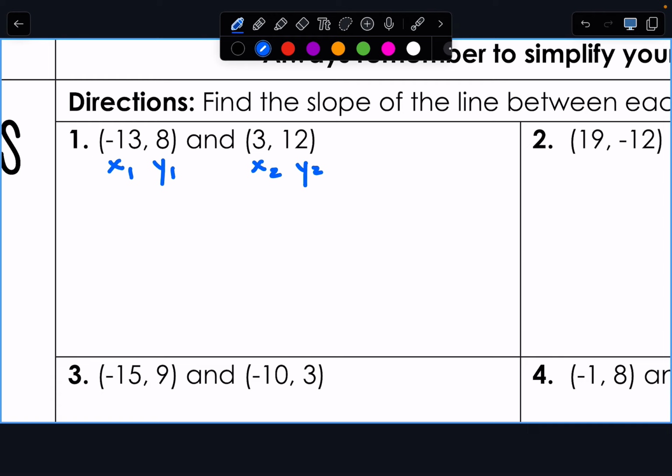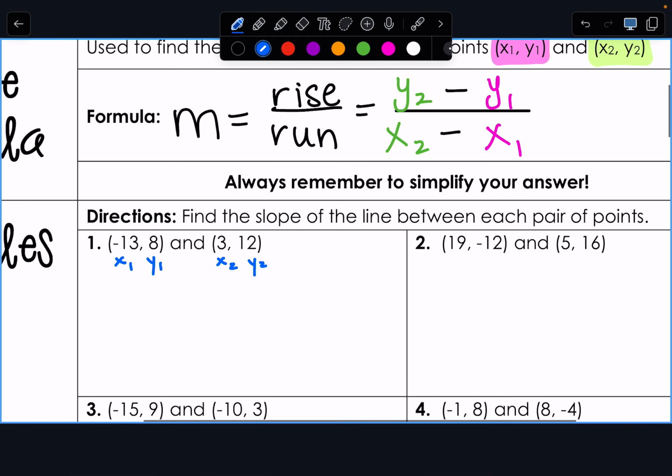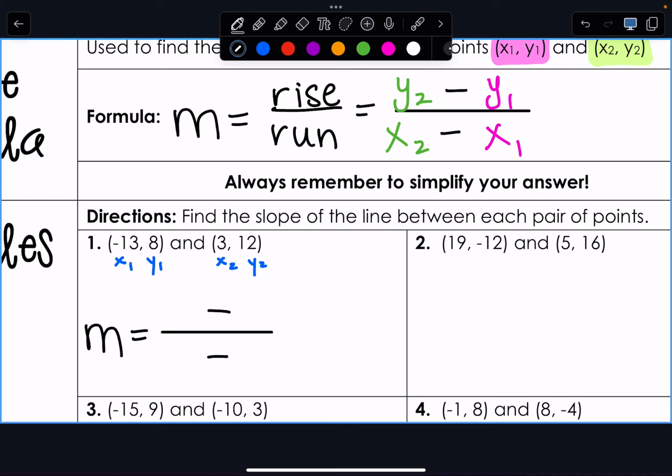We have our second xy coordinate. Okay. So looking at our formula up here, we are just going to figure out what goes here, here, here, and here.